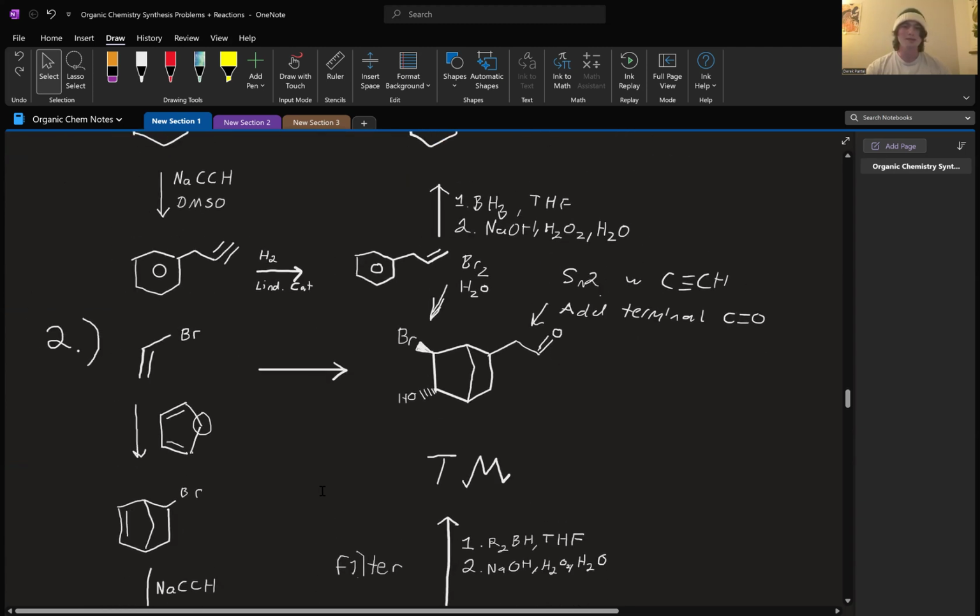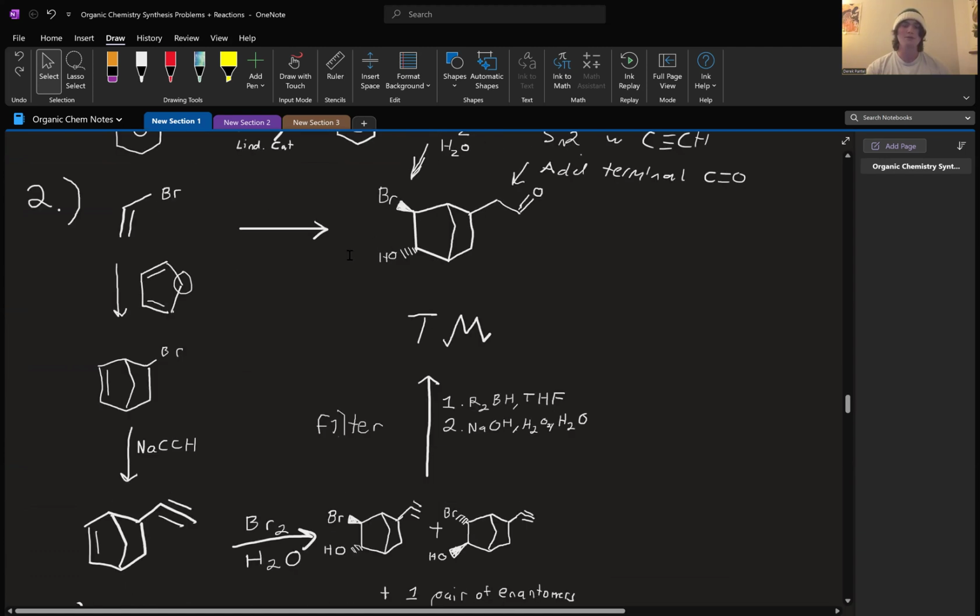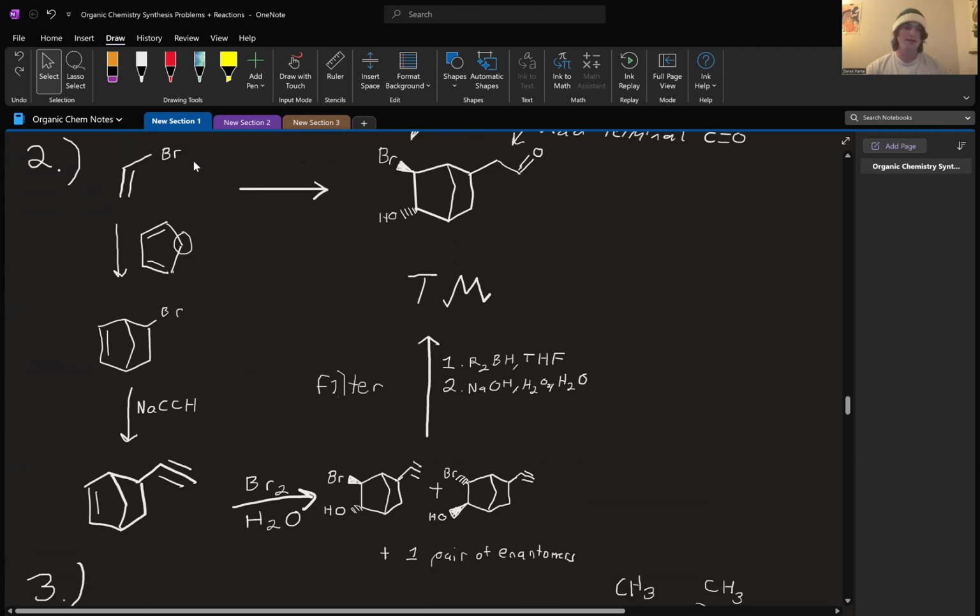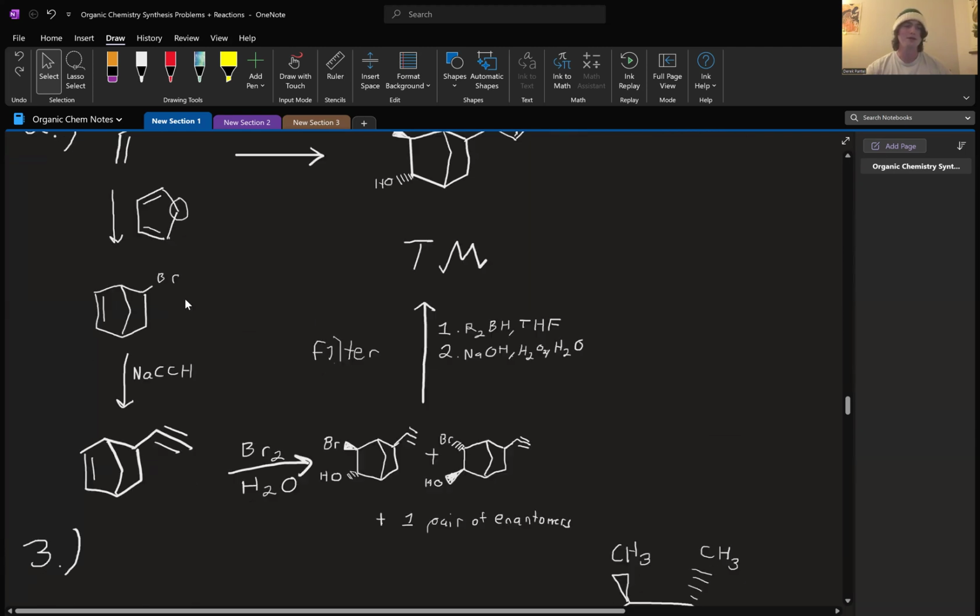So we can do this by using Diels-Alder. Diels-Alder will give us the cyclic molecule. The diene is our diene, and the alkene with the bromine on it is our dienophile. That's going to react to create a bromine on the right side of the alkene here after Diels-Alder.